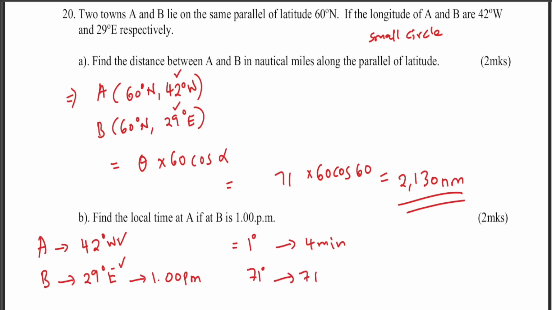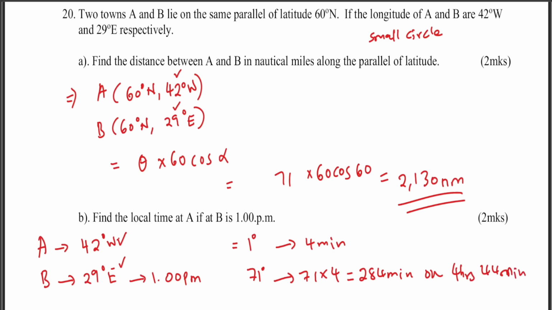So 71 times 4 gives you 284 minutes. If you change it into hours, divide by 60, which gives you 4 hours and 44 minutes.